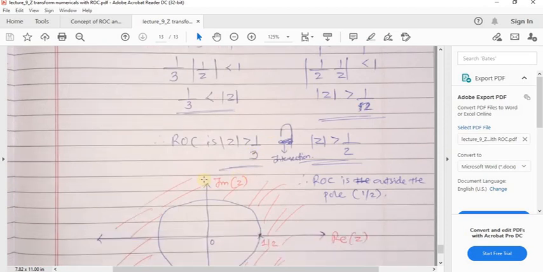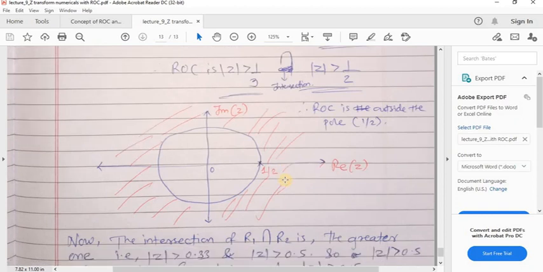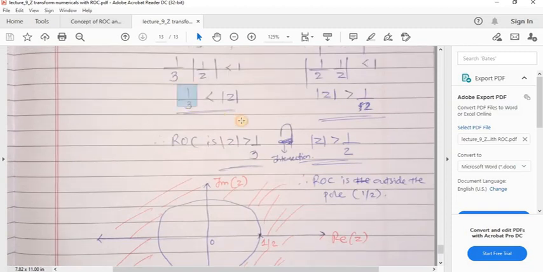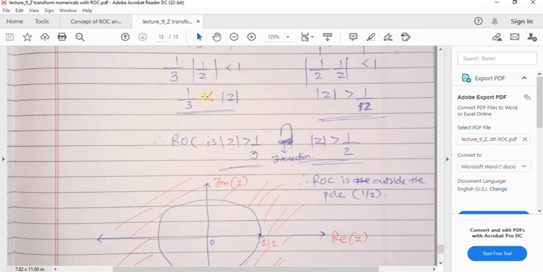So I've written here, ROC is the intersection of this. Now intersection of R1 and R2 means this is R1, this is R2. Intersection of R1 and R2 is the greater one. So this is 0.33, I've already said, this is 0.5.